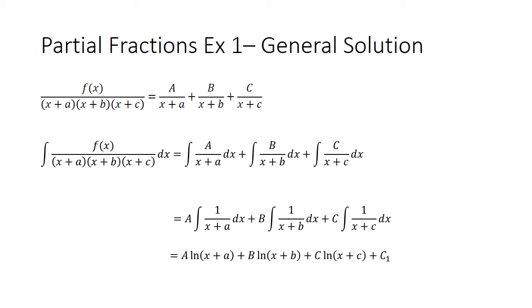The integral of 1 over x plus b is the natural log of x plus b, so we end up with B times the log of x plus b. And here we have C times the log of x plus c. We also have the arbitrary constant of integration, which we call c1, to differentiate it from the other c that we already have.